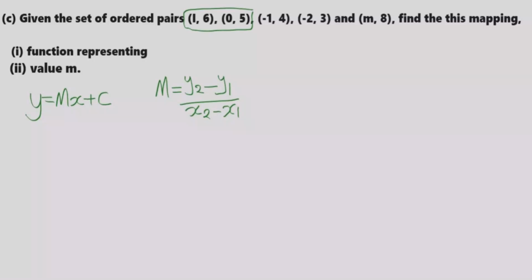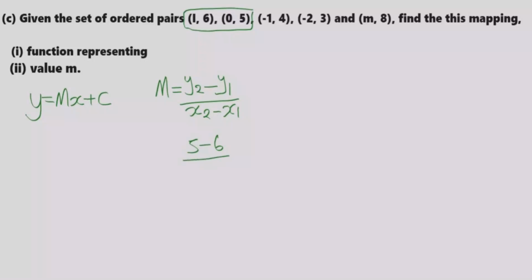We start with y2, that is, we have got 5. So we say 5 minus y1, which is 6.